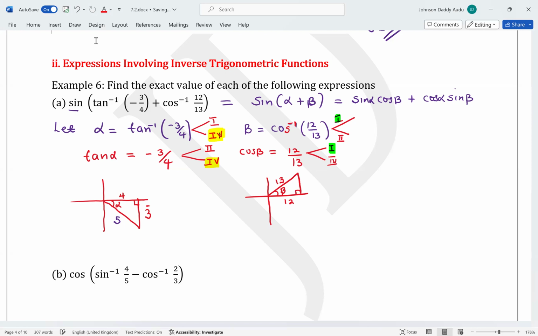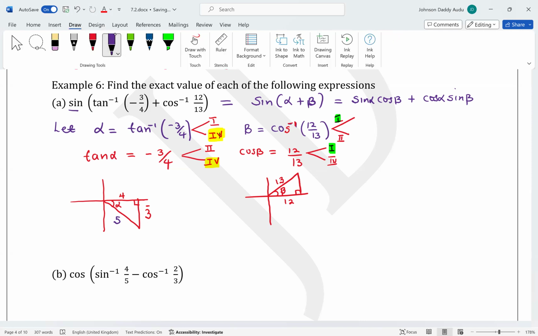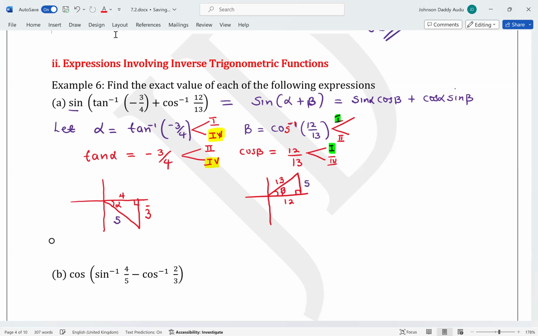Then we can get the opposite. And what is the opposite? The opposite is nothing but 5. Using Pythagoras theorem, you will get this to be 5, which is the square root of 13 squared minus 12 squared, right? And that will be 5.